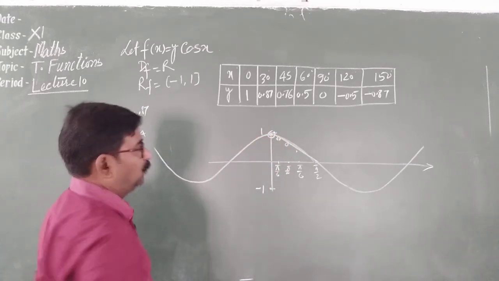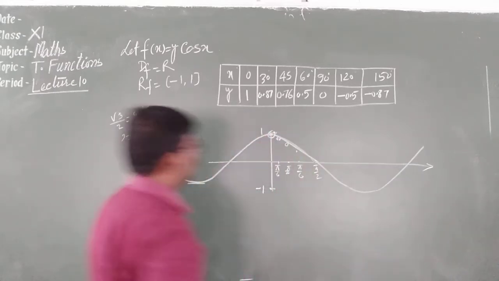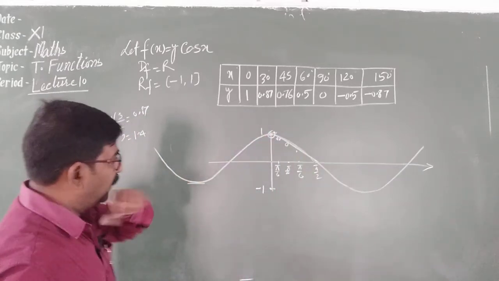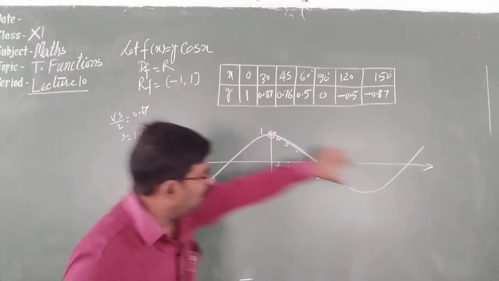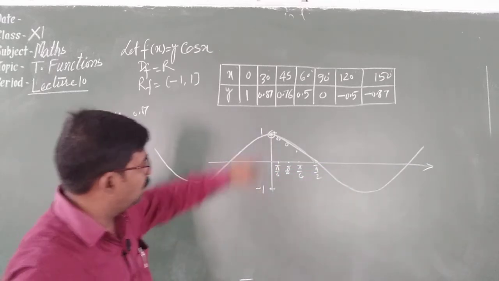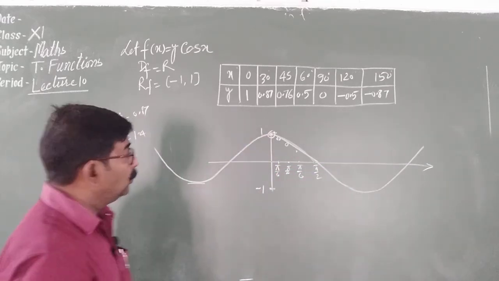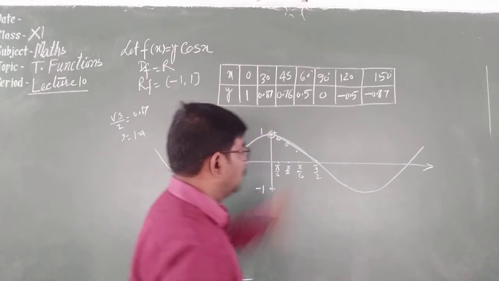This is -1, this one is +1. So its domain is all real. We are choosing all numbers on the number line, and its value is -1 to +1. So its graph is like this.